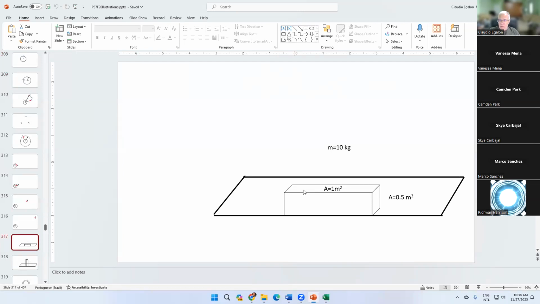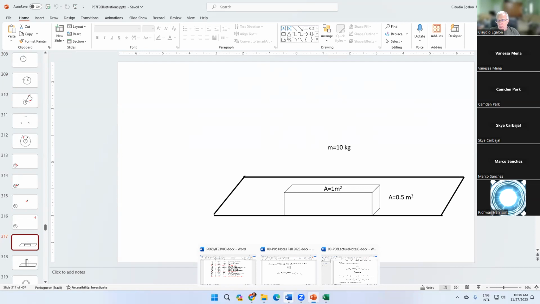And this pressure is going to be the weight of this mass divided by the contact area of this mass. In this case, the weight is going to be mass times acceleration of gravity, 100 newtons, divided by 1 square meter.